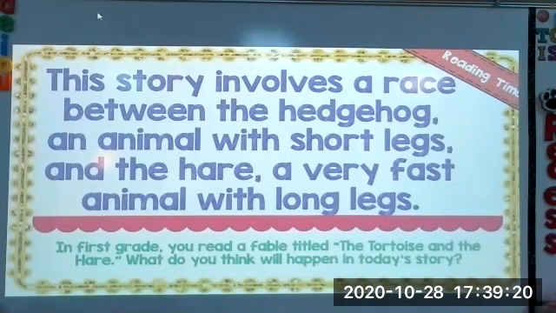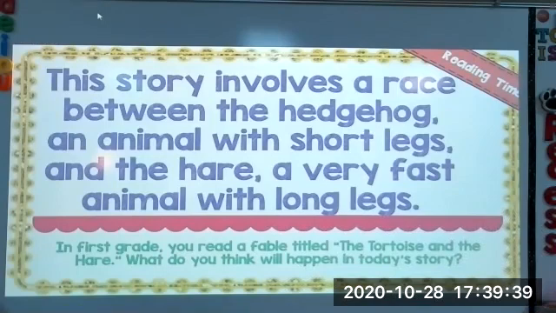So I think just like in the story that I have heard before about the turtle and the rabbit, the hare is going to be overly confident and think that he's going to win so easily. So he's going to do something silly, like lay down or take a nap.